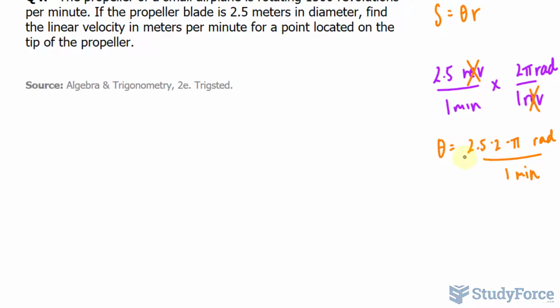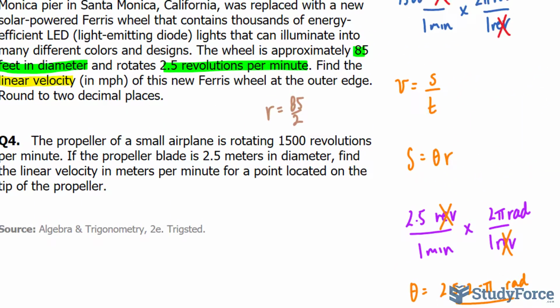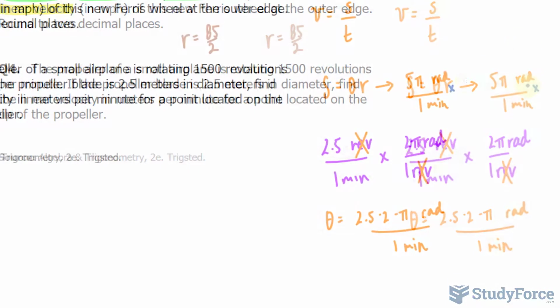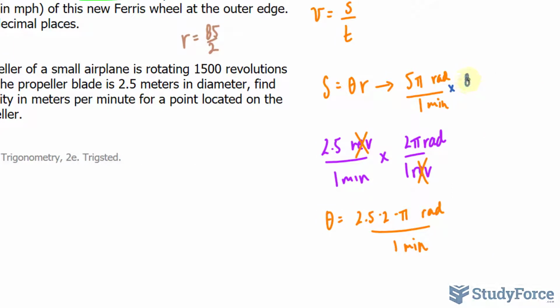Simplifying this, we should end up with 5 pi radians per 1 minute, multiplied by 85 over 2. And you can also simplify that to 42.5 if you want to.